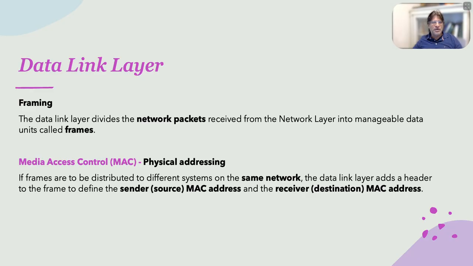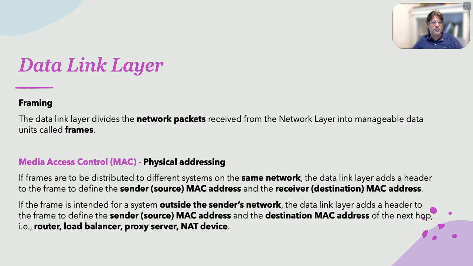If frames are to be distributed to different systems on the same network, the data link layer adds a header to the frame to define the sender or source MAC address and the receiver or destination MAC address. So every time a frame is composed, it needs to have information about who is the sender and who is the receiving MAC address. These two pieces of information are in the header, and as I mentioned, in the trailer is the error checking information.